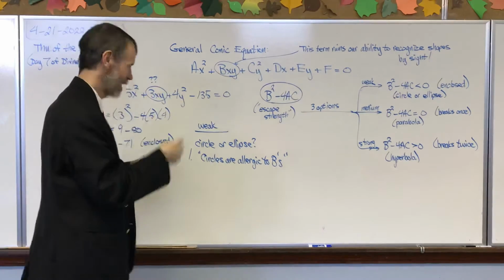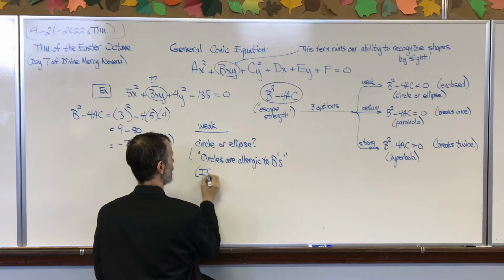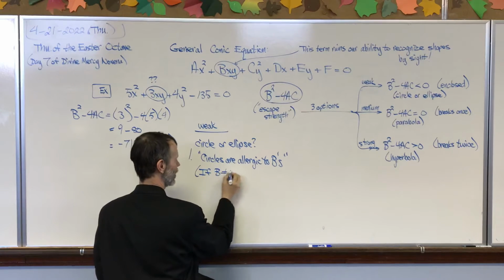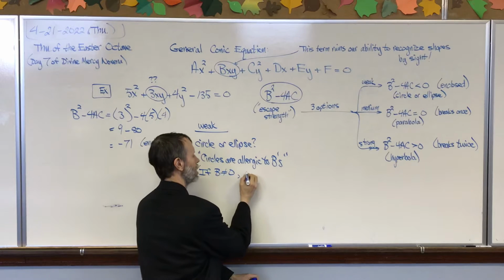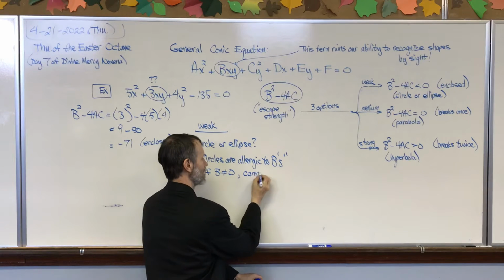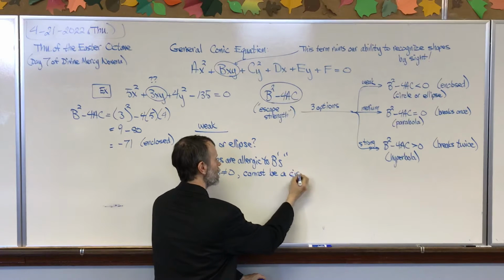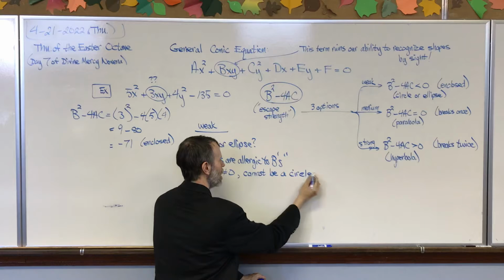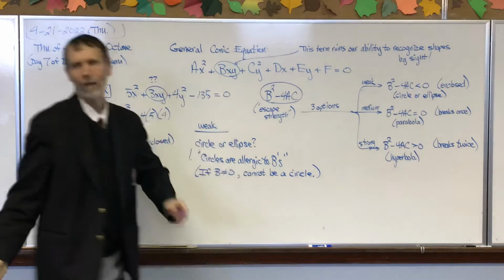What does that mean? In math language, that means if B is there at all, if it's not 0, it cannot be a circle. So what do you think?